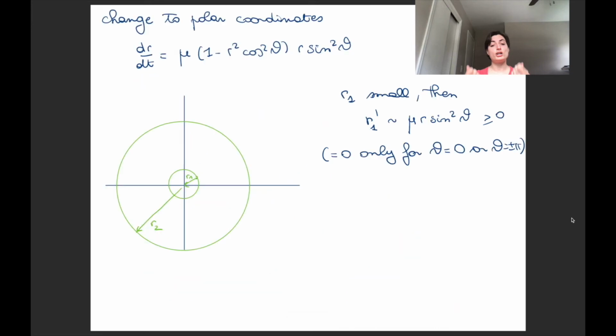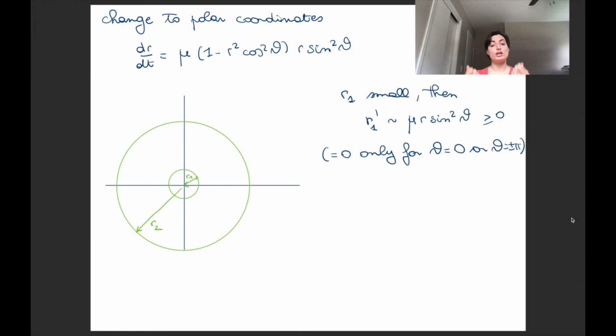We can change to polar coordinates, and then we have dr/dt equals mu times (1 minus r squared cos squared theta) times r times sin squared theta. If R1 is very small, so we're considering a little ball around our critical point (0, 0), then we can approximate R1 dot by mu times r times sin squared theta, because r squared is very small, so 1 minus r squared cos squared theta will be pretty much equal to 1.